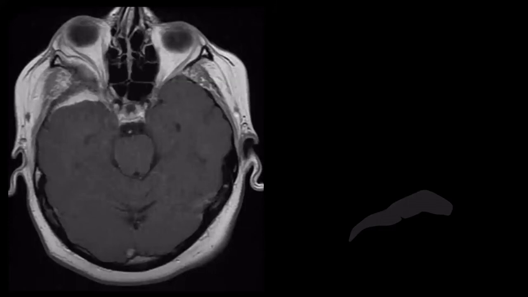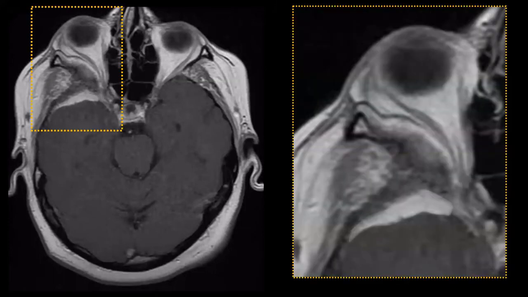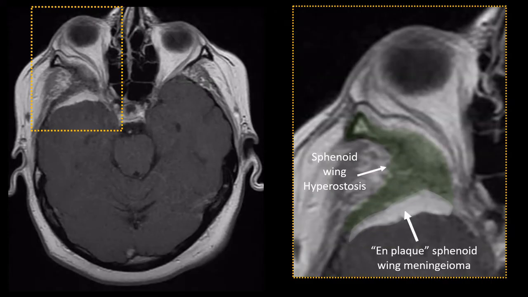If we look at the MRI images of this patient and we magnify it a bit, we see two things. We see here the hyperostotic bone of the sphenoid wing. This is the greater sphenoid wing. And we see here a contrast-enhancing lesion located extra-axially. This was what we call en plaque, so a plate-shaped meningioma located along the back of the greater sphenoid wing.